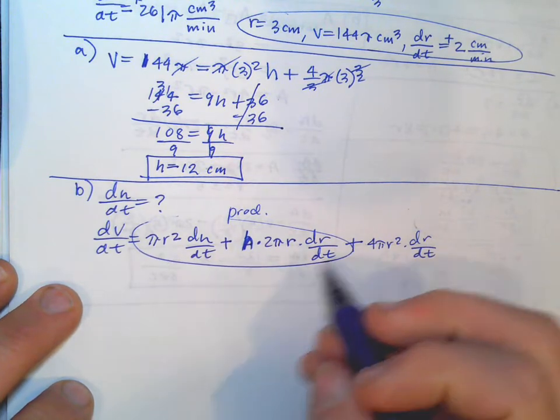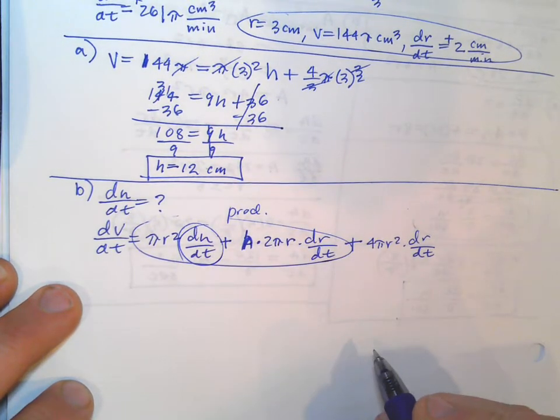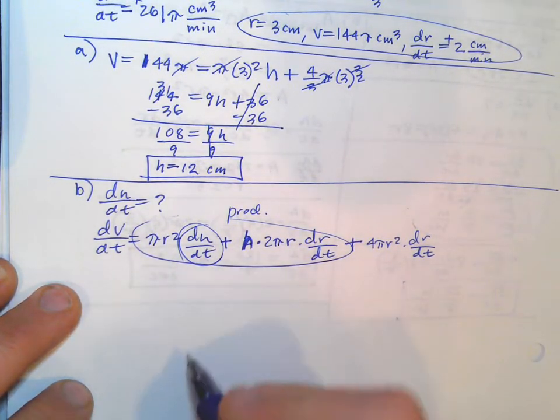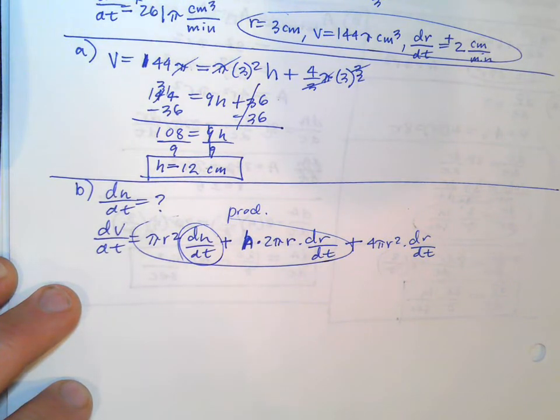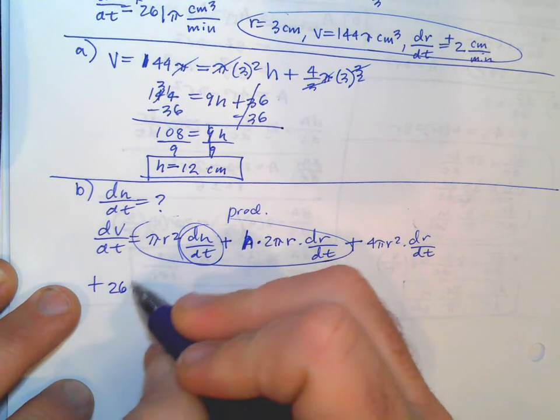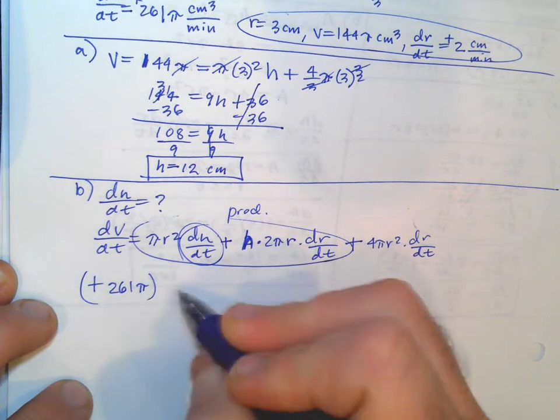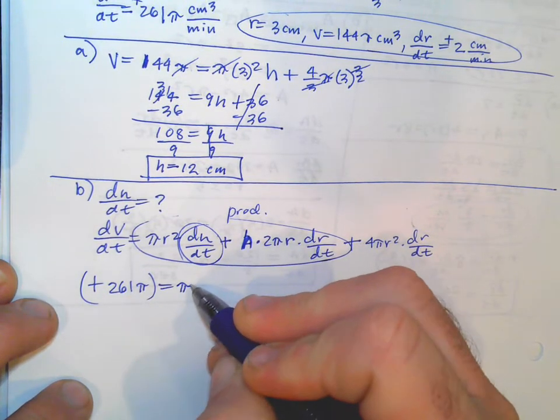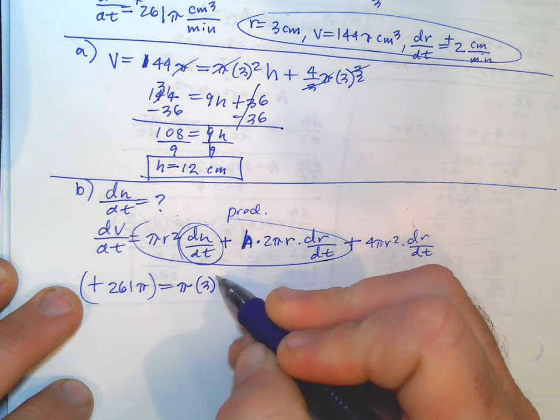And now this is what we're looking for, right? But I think we have everything else. Yeah, okay. So dV/dt was positive 261 pi. And then r was 3.